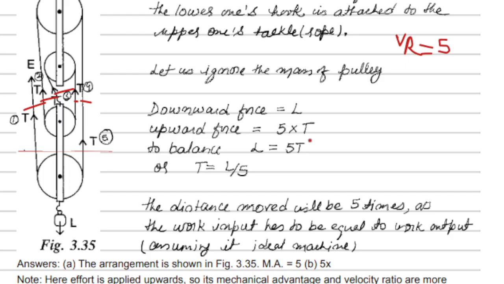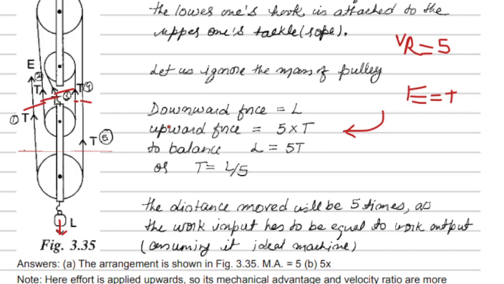If they want a relation between the tension in the rope and the load, we can say the downward force is the load. And what is the upward force? You can say 5E, if effort is the same as T. Remember that, okay? E is equal to tension. So we can say 5E or 5T.